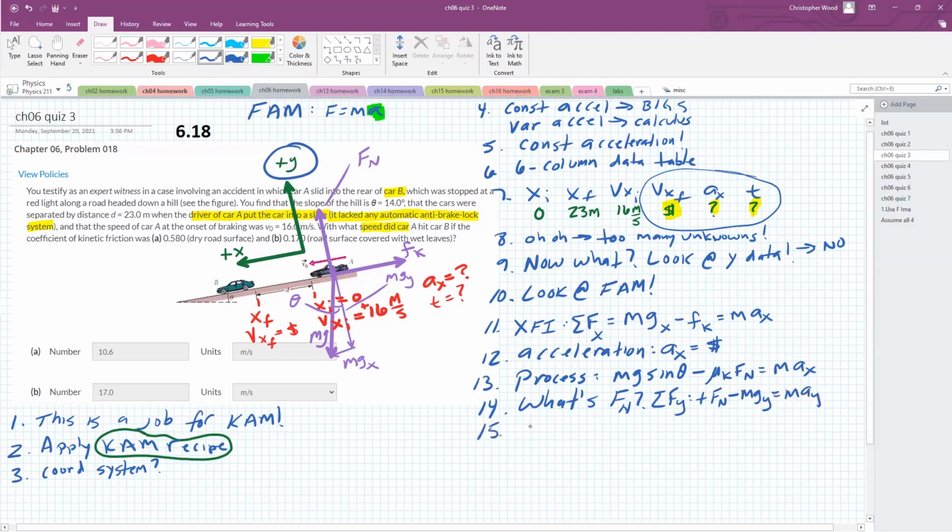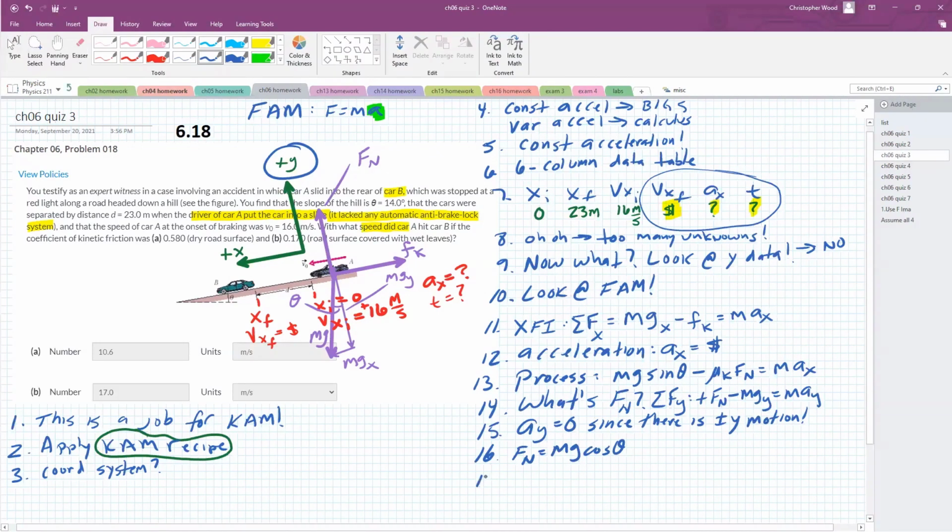Say something about acceleration: A sub Y equals 0 since there is no plus or minus Y motion. In other words, the blue car stays on the ramp. For the umpteenth time, you're saying, yes, I get it: F sub N equals mg cos theta.